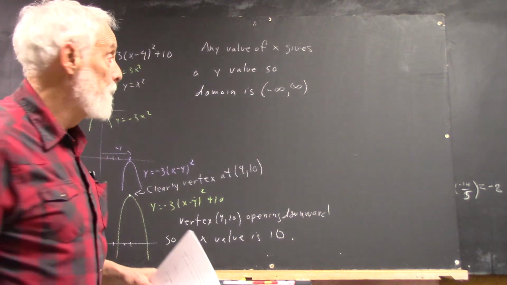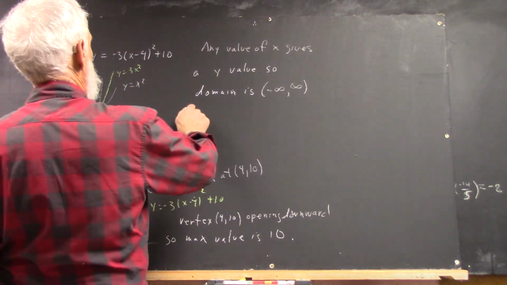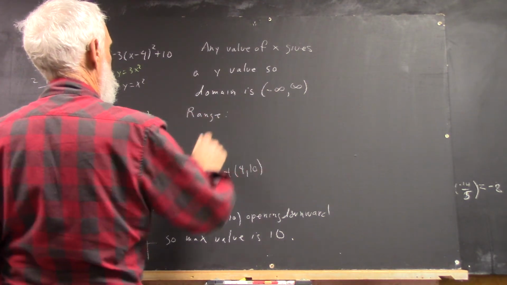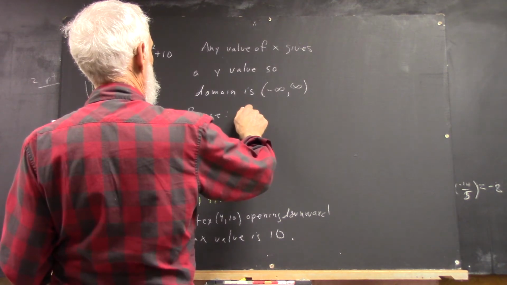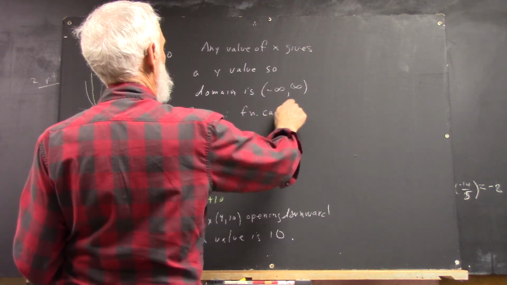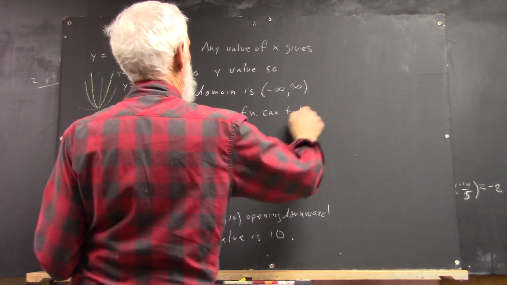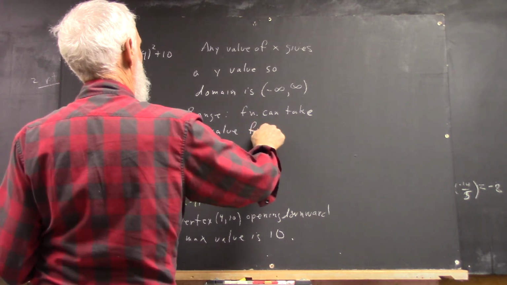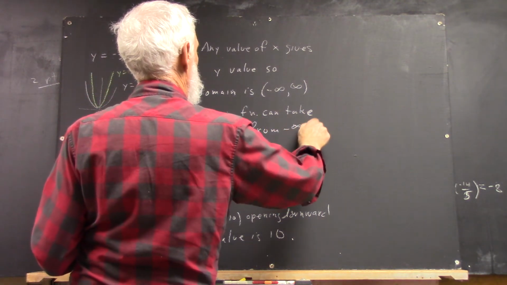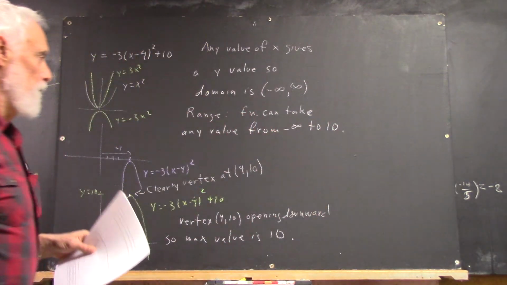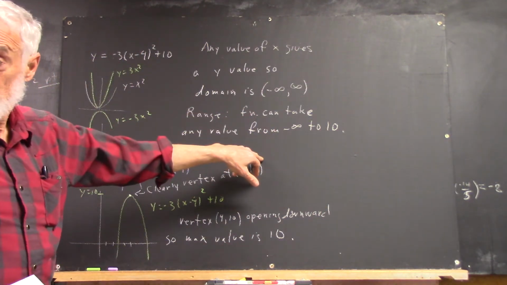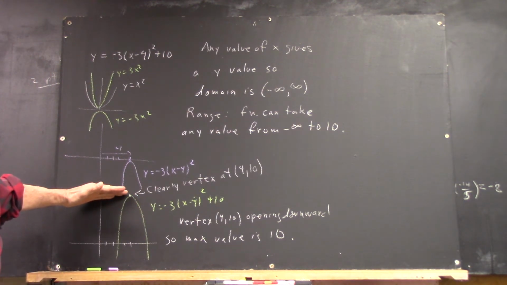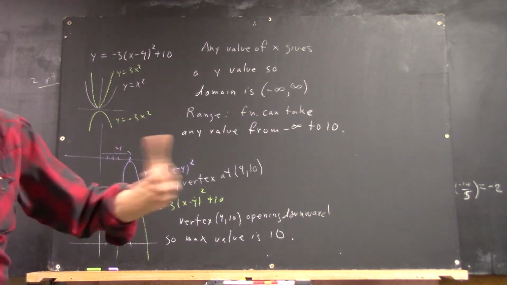What about the range? The range is the values the function can take. You can see clearly from the graph that your y values stop at 10, but if you go down, they just keep going, right?